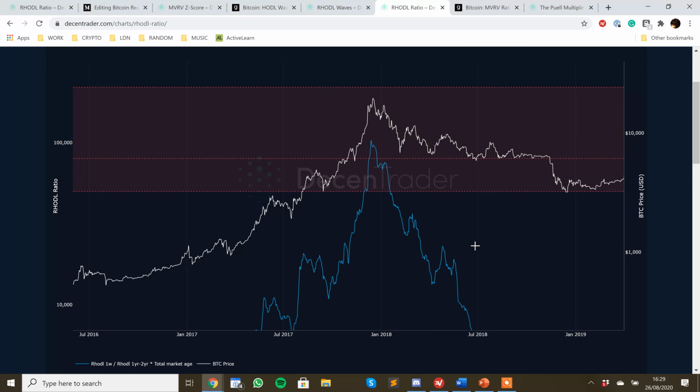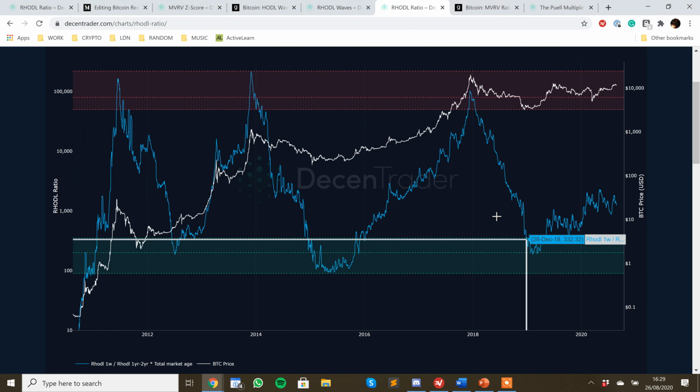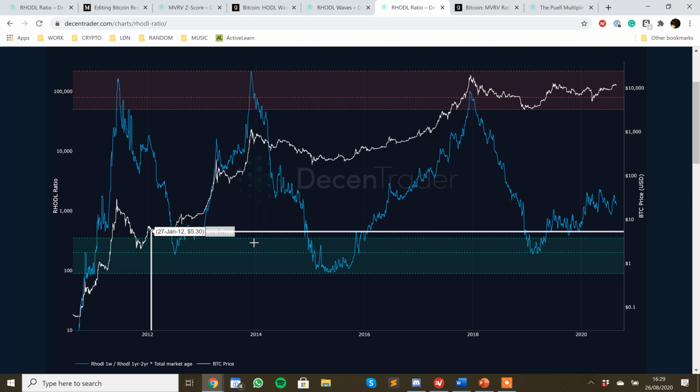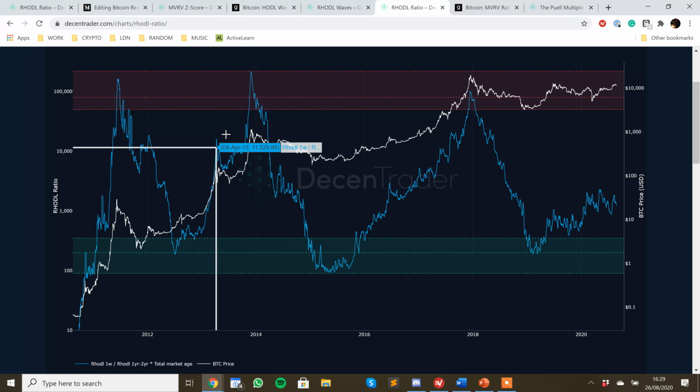So yeah, these tools are pretty useful, and I think this is a really good addition because it's very accurate at picking the tops, and there's a few little techniques you can use to try and get more accurate, as I say. The second thing I really like about this indicator, which is something that I haven't seen on other on-chain indicators, and something that's frustrated me a bit with them, is this issue here.